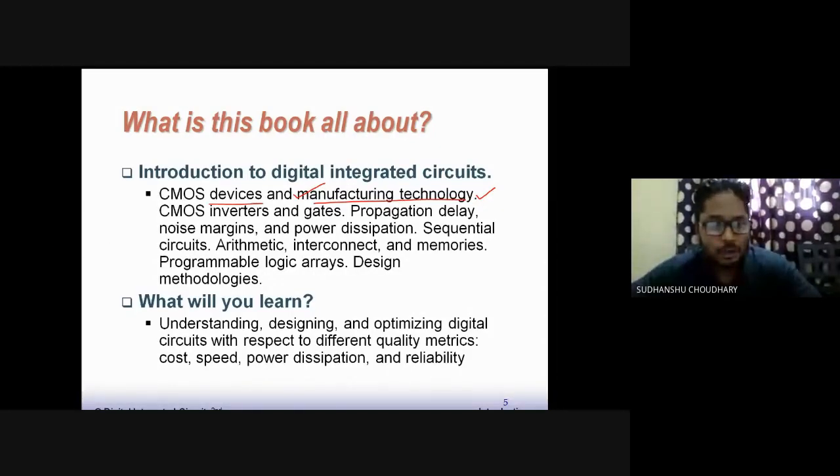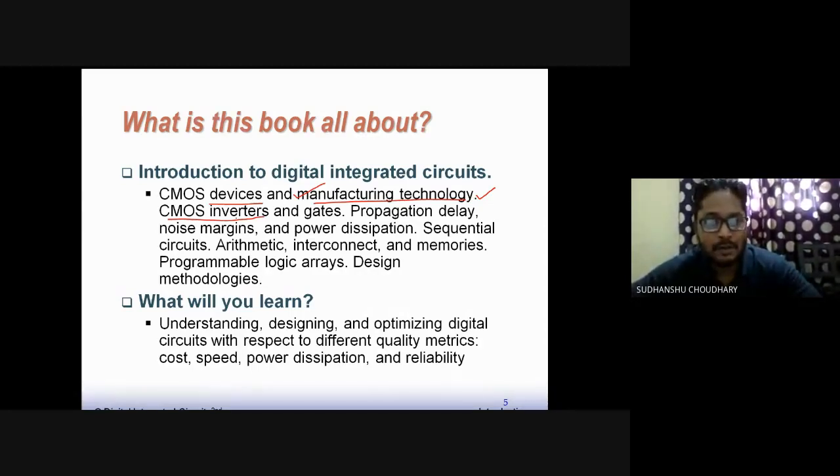Then we'll also talk about CMOS inverters, right? This is a basic gate, the CMOS inverter. So we will perform all sorts of analysis on CMOS inverters. It's a basic gate, so it is easy to perform analysis on it. And when we are done with performing all kinds of analysis on CMOS inverters, a similar thing can be done with the other complex logic functions and gates.